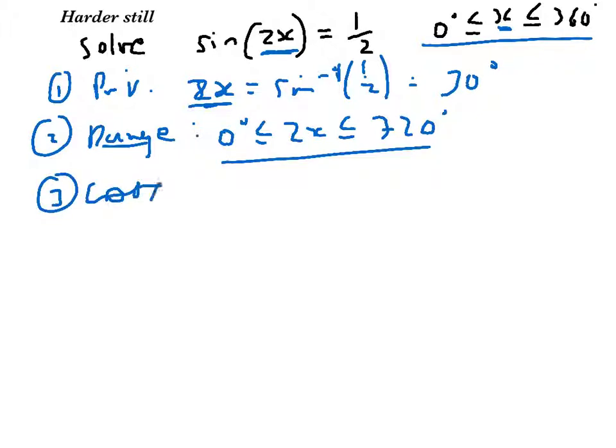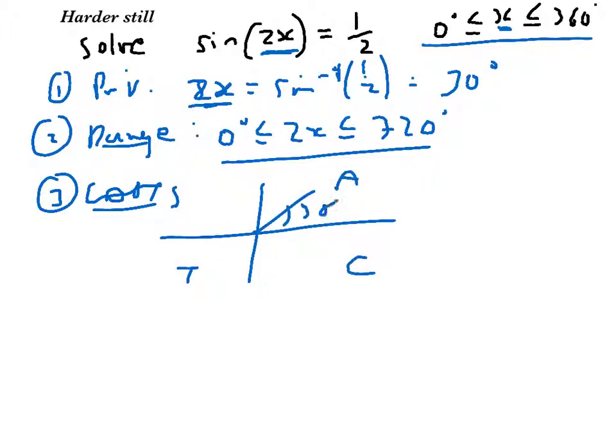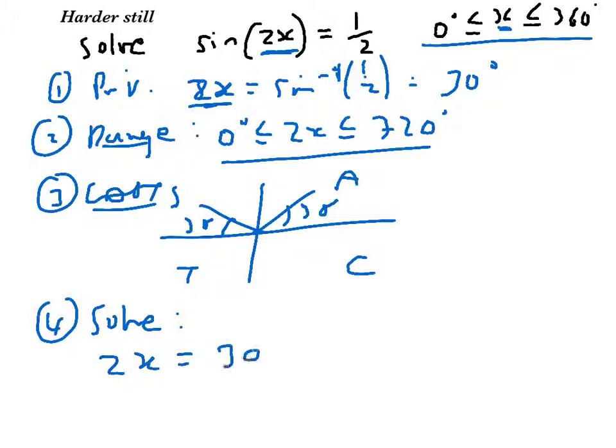Now we solve for cast as normal. So, all silly Tom cats, 30 degrees, 30 degrees. Step 4, solve. I don't have x this time, I have 2x equals then 30 degrees, 150 degrees. Alright, if I do my period stuff, then it needs to fall in this range.